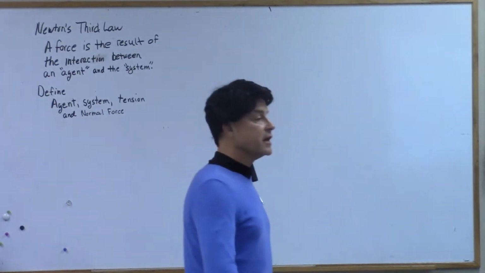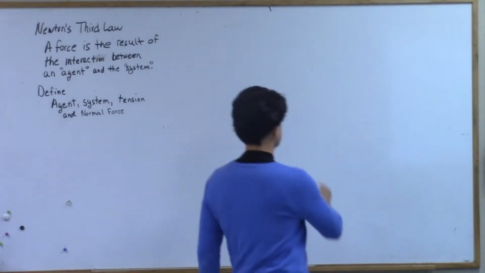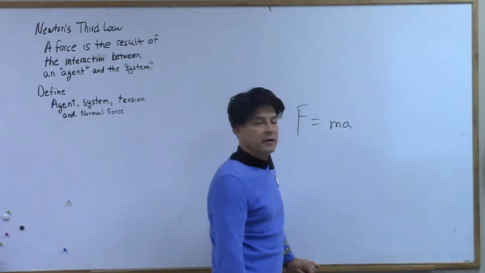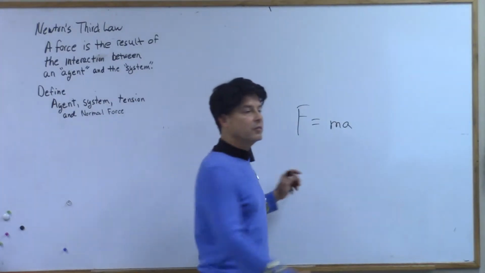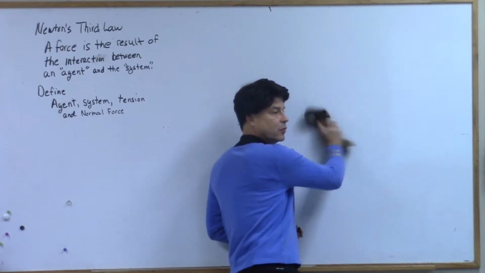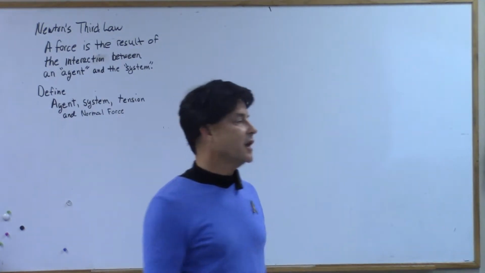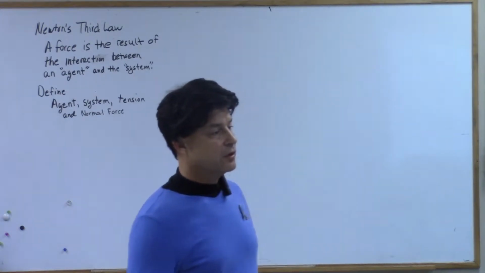On Newton's second law, I always tease the kids when I write, Newton's second law is basically F equals ma, and they all laugh, and then they say, wait, what did you say? But it helps them remember. If they laugh at something, then they'll remember what they laughed at, right? Newton's third law, you'll remember, is every action has an equal and opposite reaction. That's what you were taught when you were in physical science.